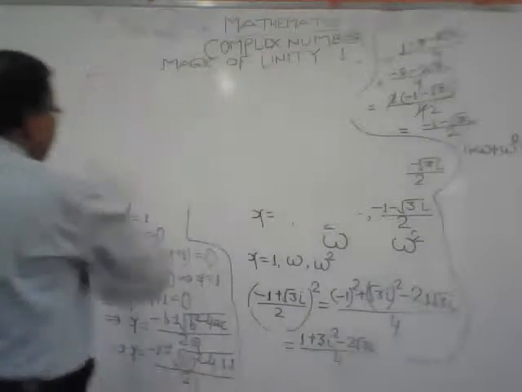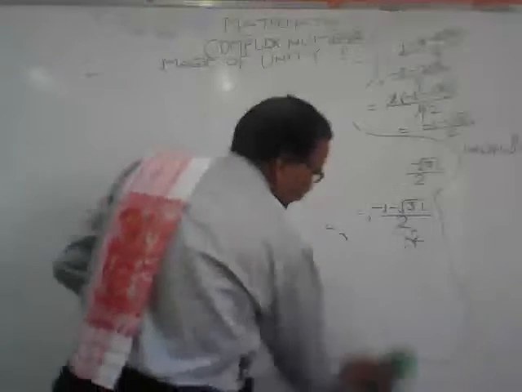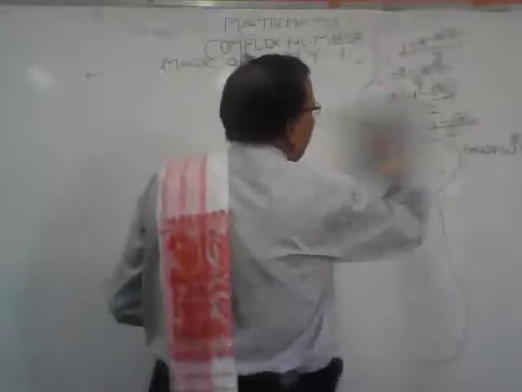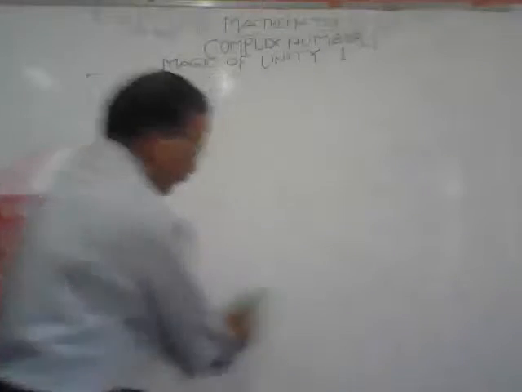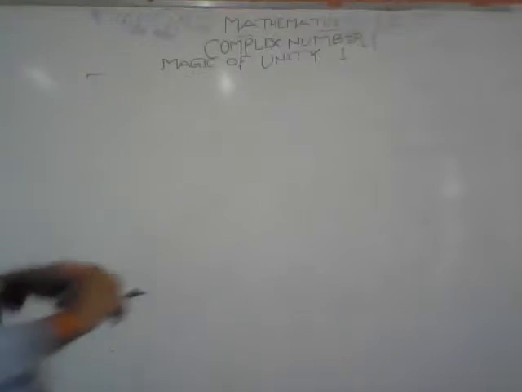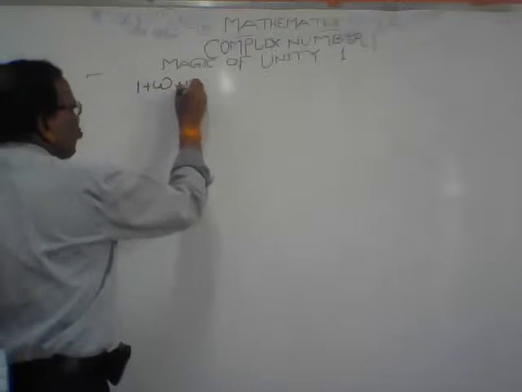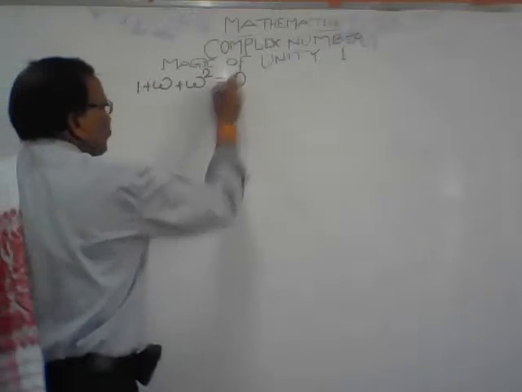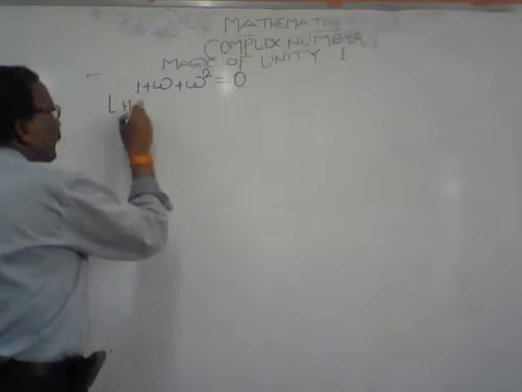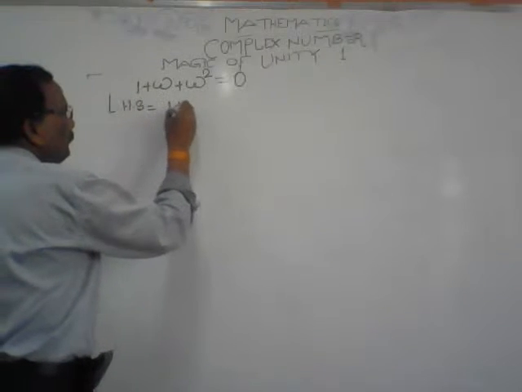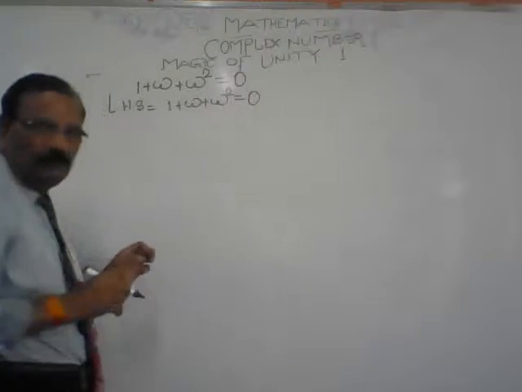So we shall take the imaginary cube roots of unity and make the sum. 1 plus omega plus omega squared is equal to 0. Take the LHS.